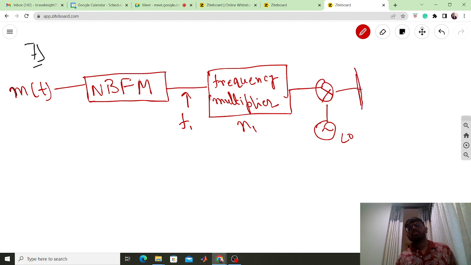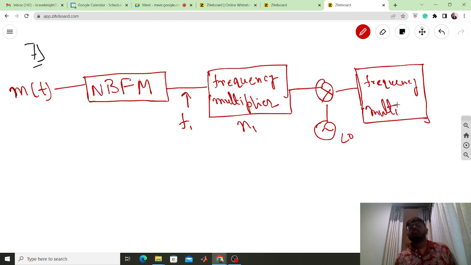So the previous question was, then we are again multiplying with another frequency multiplier of N2. The previous question was, what was the XT?